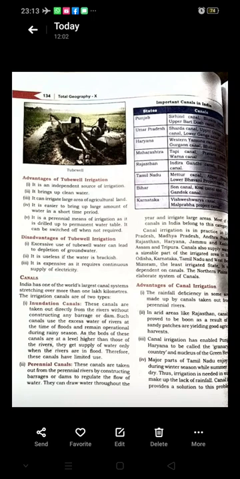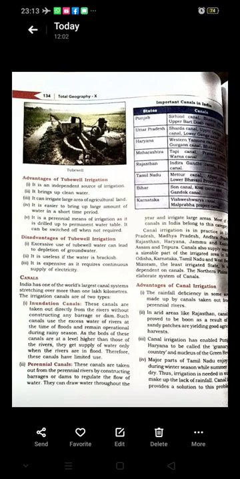Most of the canals in India belong to this category. So most of the canals are perennial canals. They are constructed by making barrages or dams to regulate the flow of water. So it is giving water throughout the year, not only when the river is in flood. And there is a method to control the flow of water.